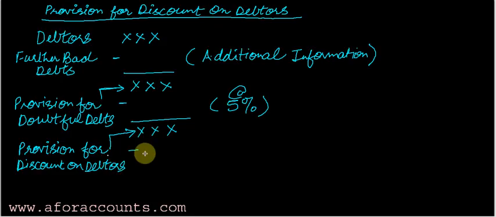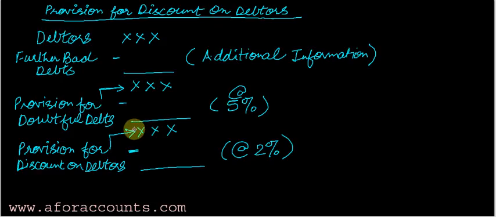Generally this is less than the provision for doubtful debts, because after applying the full provision for doubtful debts, we need a smaller provision for discount. Let's say it is at the rate of 2%. So from the above amount, calculate 2% and place it here. This will be provision for discount on debtors, and the balance will be the amount of your final debtors, which you will show in the balance sheet.